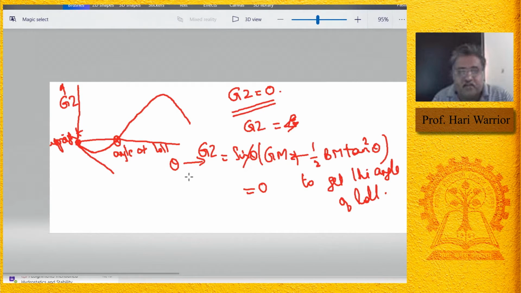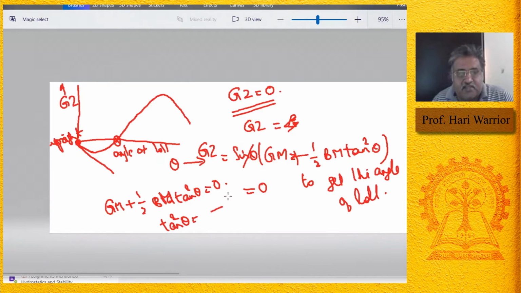So we get GM plus half BM tan square theta equal to 0. So you can get tan square theta equals minus 2 GM by BM, or tan theta equals square root of minus 2 GM by BM.